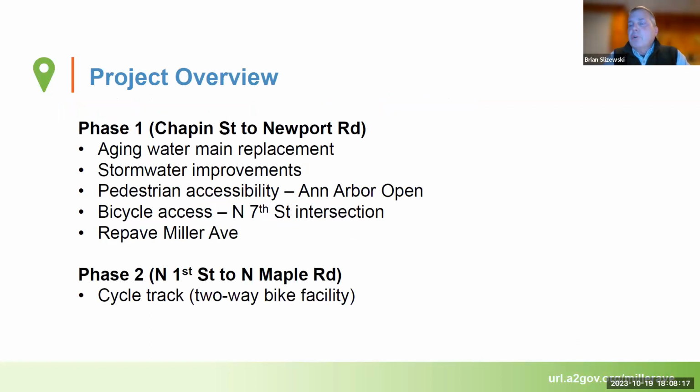They are, fortunately, not failing, but this is the time, since we need to do the road work, and we wouldn't be touching the road again in this stretch until the 2050s or 2060s, when the water main would be over 100 years old. So now is the time to get in there, proactive management of our assets to replace the water main.